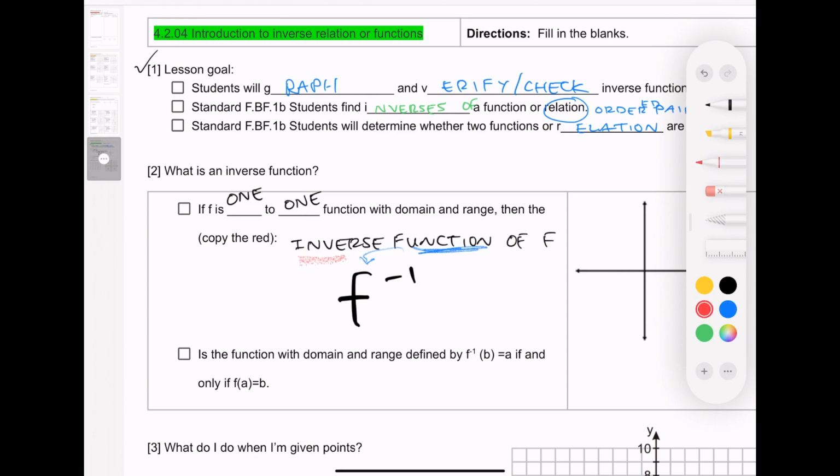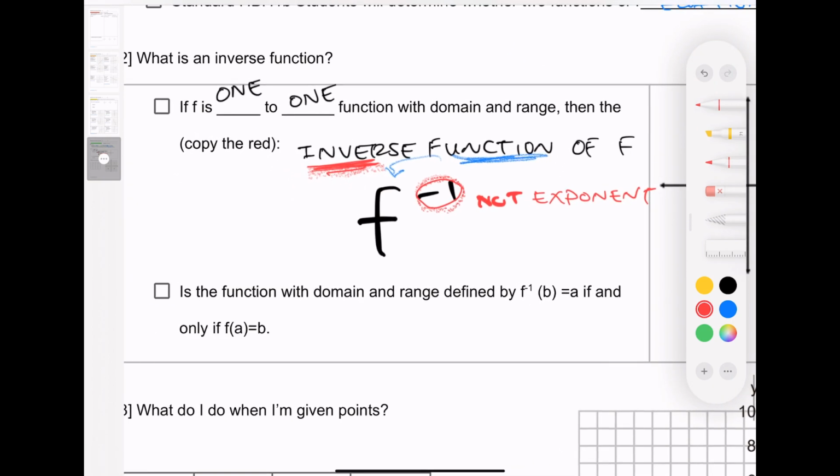The inverse in red is this part here. Note that this is not an exponent or power. It is in that same position, but it means something different. So this -1 means what, class? Everyone say inverse. Okay, what does the inverse mean?